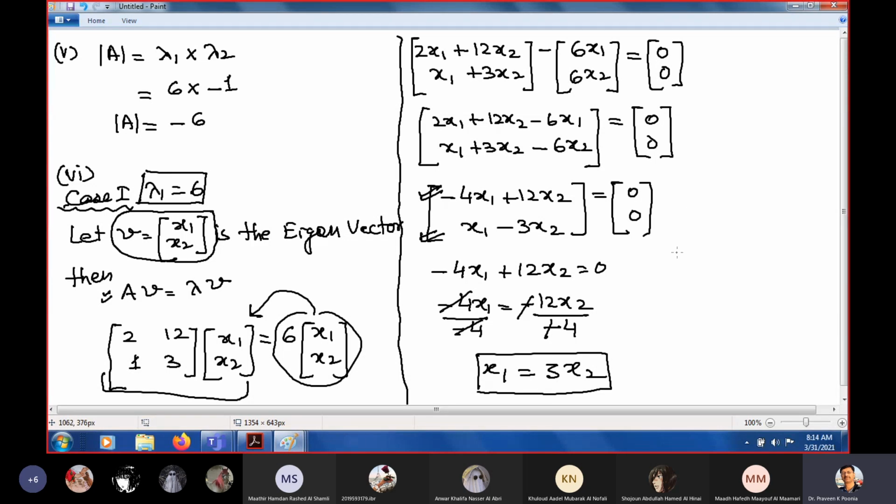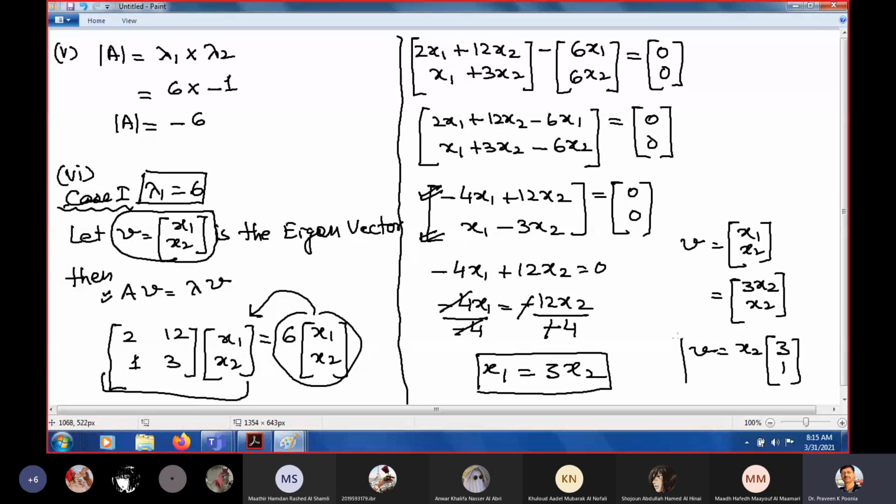So what is the eigenvector? The eigenvector is x1, x2. Put the value of x1: 3x2 and x2. Now taking x2 out, you can take x2 outside. So 3 and 1. Dear friends, this is the eigenvector.